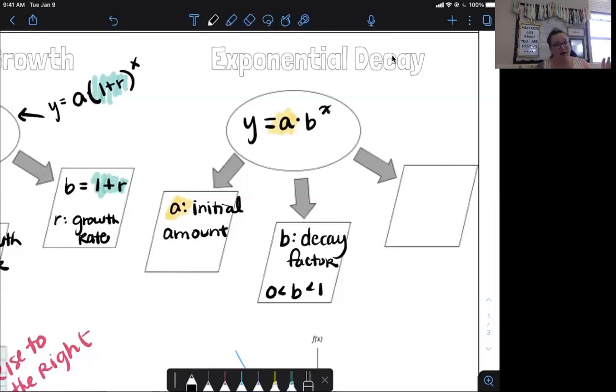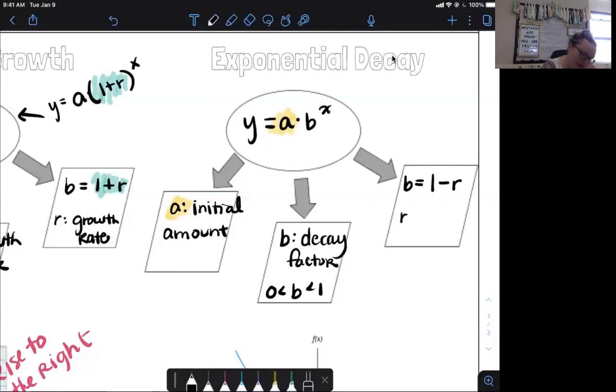So it still has to be positive, but it has to be less than 1. For example, b could be 1/2, 0.7, 0.89, 0.77777. And to find your decay factor, to find b, you take 1 minus your decay rate.